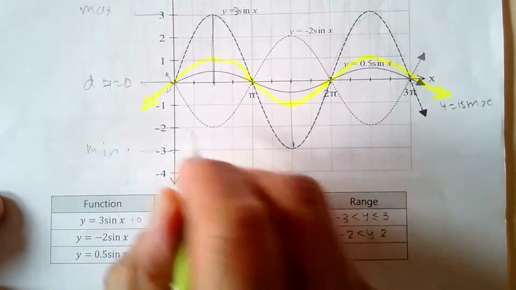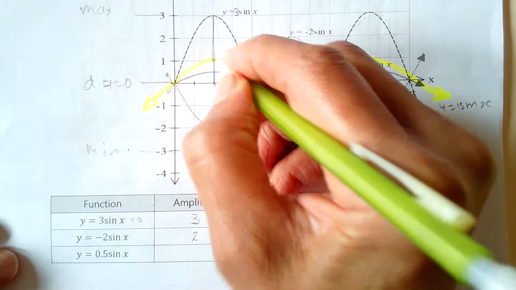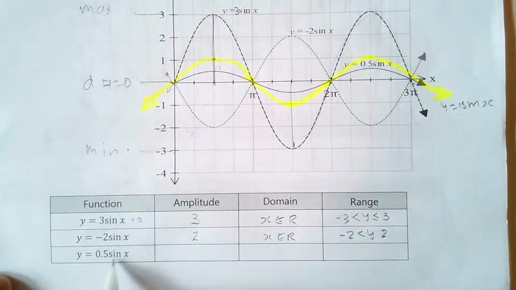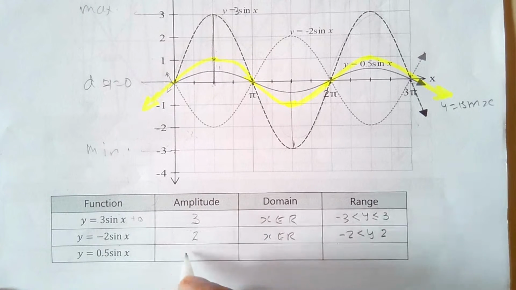In other words, the amplitude is 1. So here your amplitude is 1. Here your amplitude is 0.5, or a half.